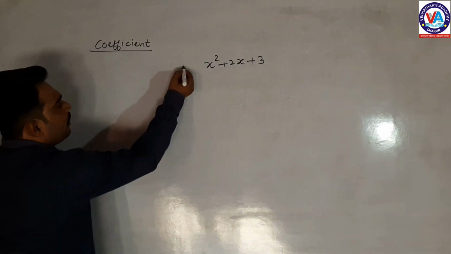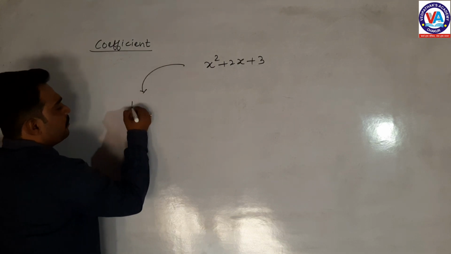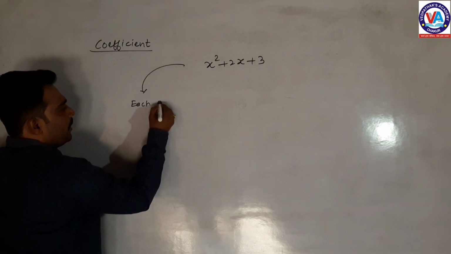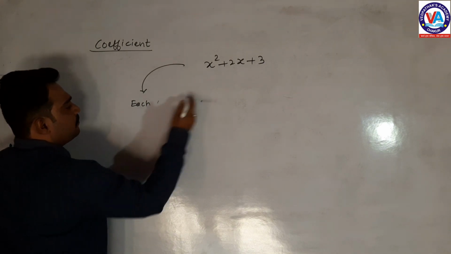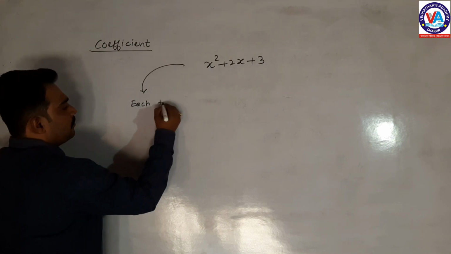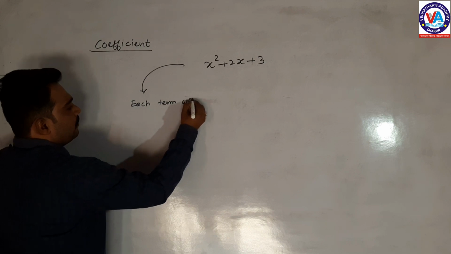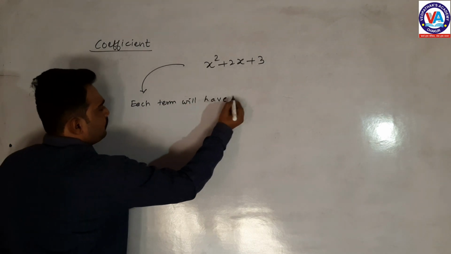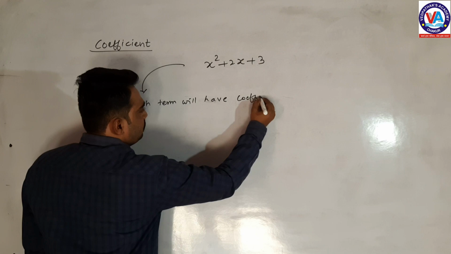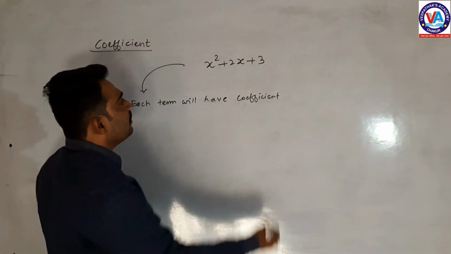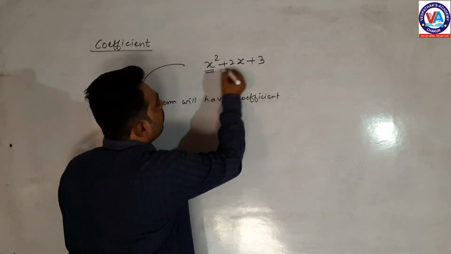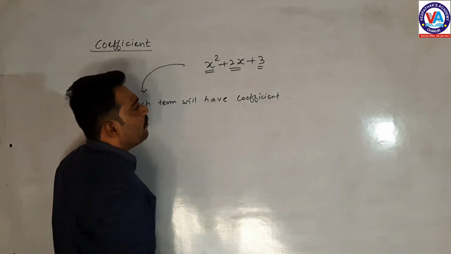Now each term will have a coefficient. तुम्ही जर ऑब्झर्व केलं, so each term will have the coefficient.